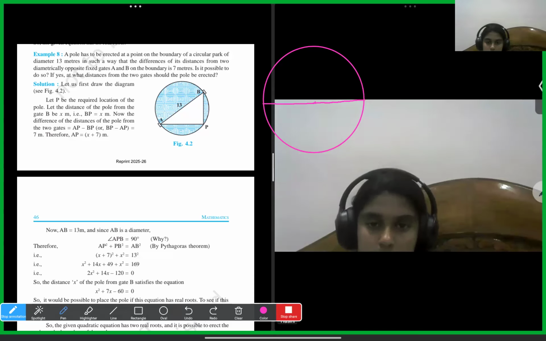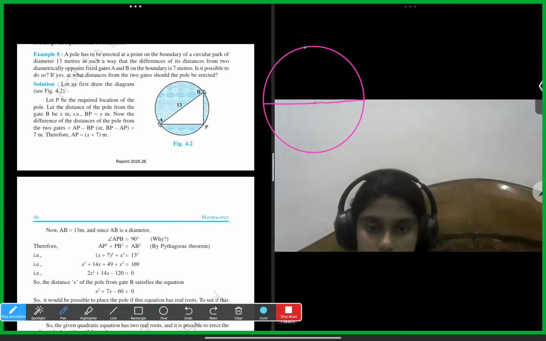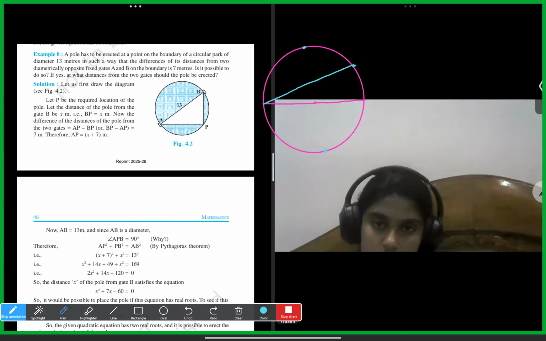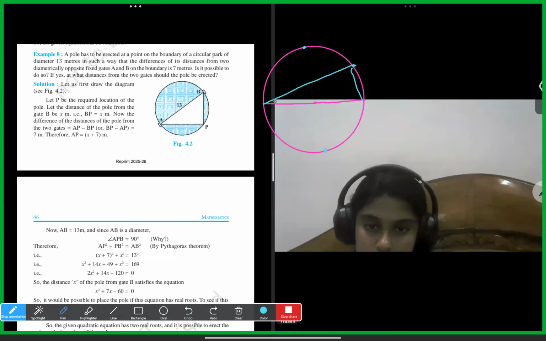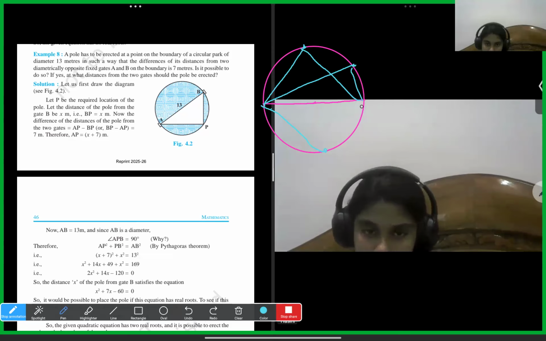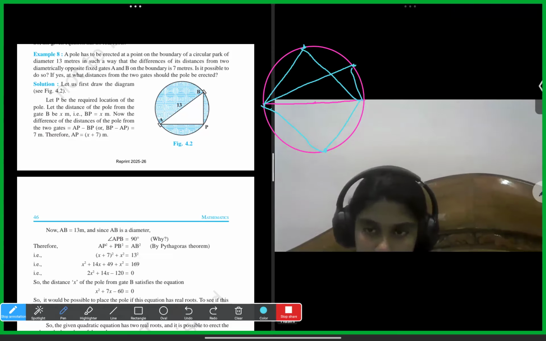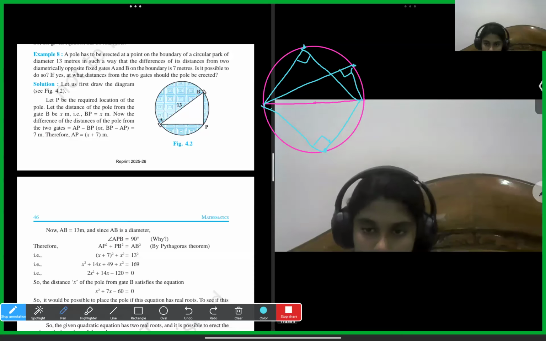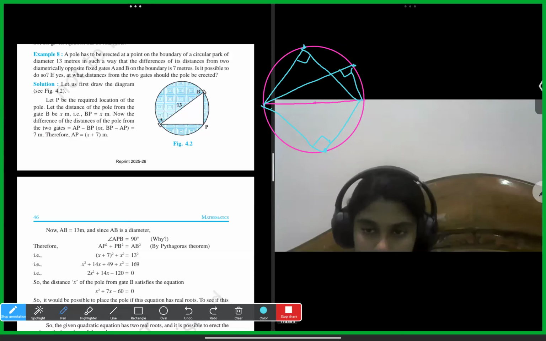Now let us select any point on the circle, like this or like this, anywhere. If you join the endpoints of the diameter to that point which you selected, 100% some angle is formed through those line segments. That angle is 90°. If you remember, in the circles chapter in class 9 I explained this one. Angle in a semicircle we call this.